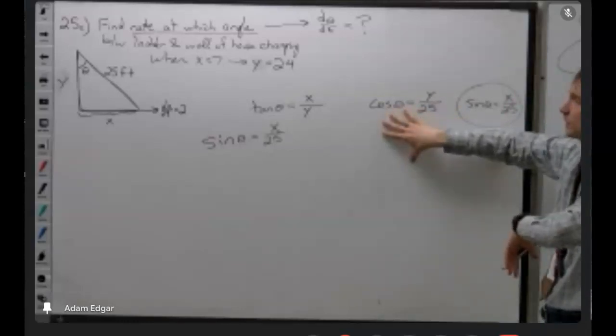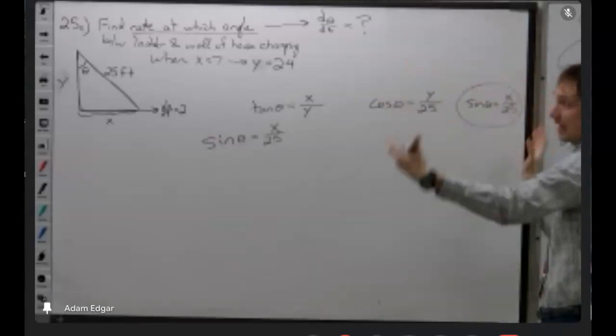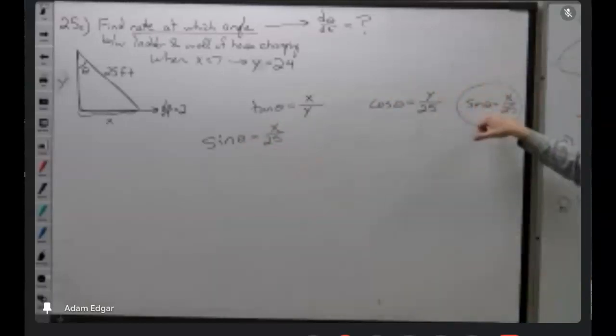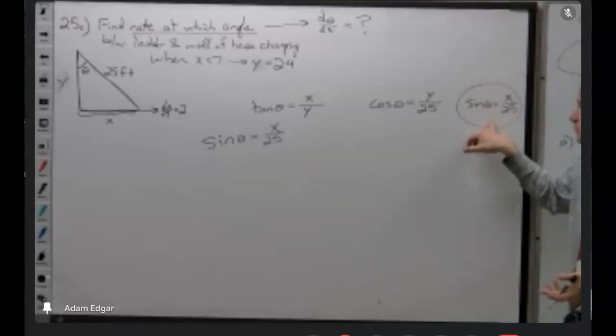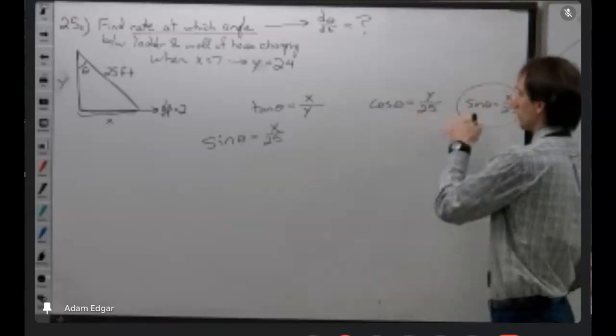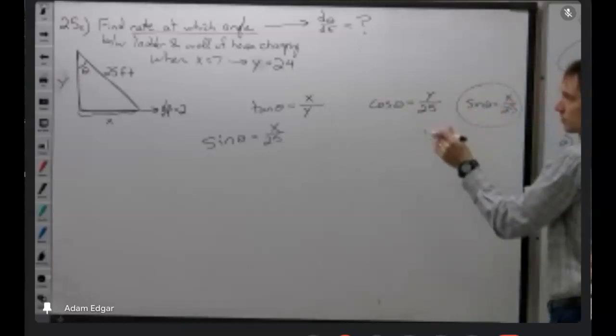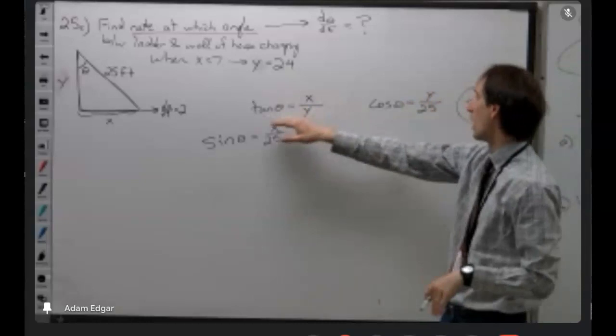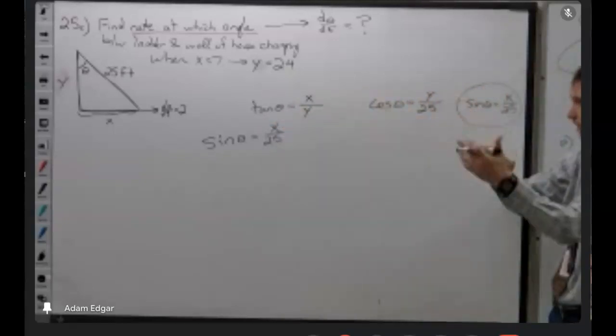If this problem exists in a vacuum and we don't have part A, then using sine is going to be easier for sure. So sine is the best option. Cosine is definitely your next best option. Try to avoid tangent, where you end up with variables everywhere.